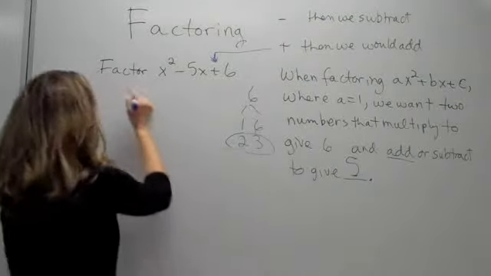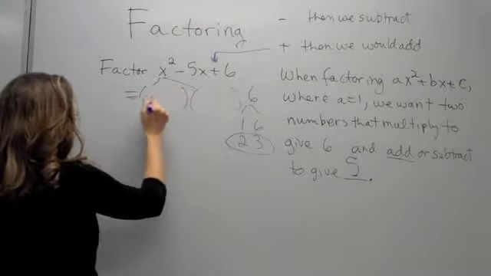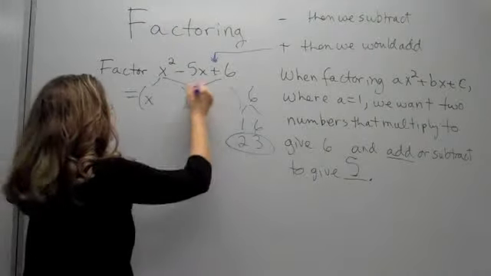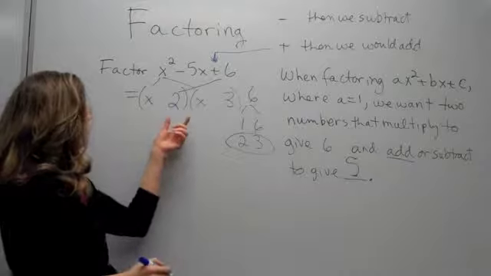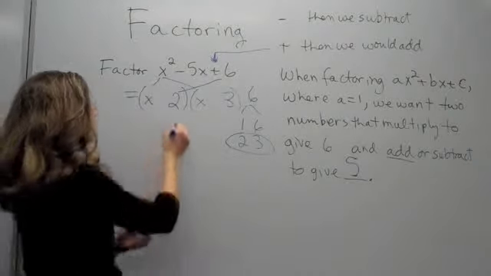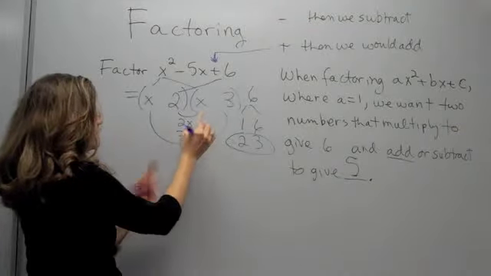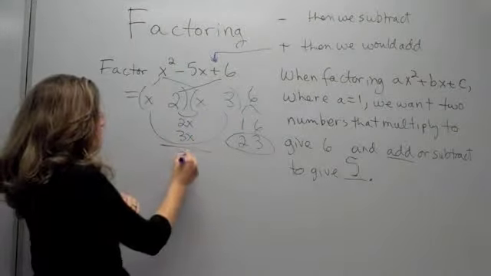So let's factor. The x squared factors into x times x. Then the 6 factors into 2 times 3. Notice that when we do this, the 2x and the 3x, these are the inner terms and these are the outer terms, this will add up to give 5x.